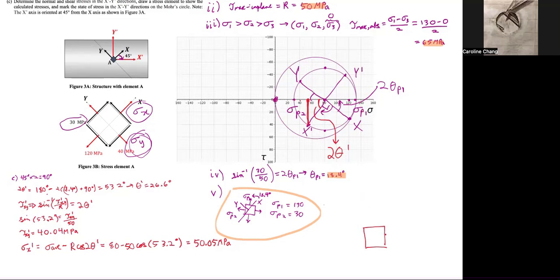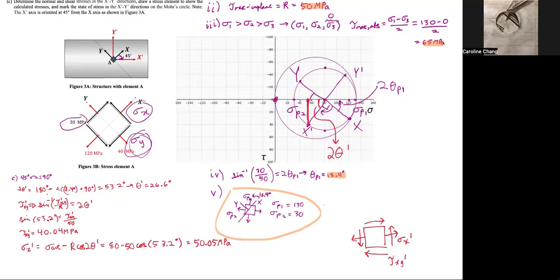So it's going to be in tension. Sigma x prime, and our shear stress is going to be positive as well. And we use the tail-to-tail and head-to-head method. So this is our shear xy prime.